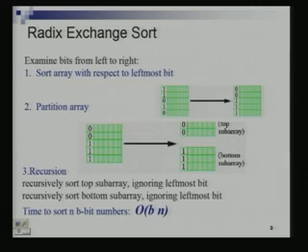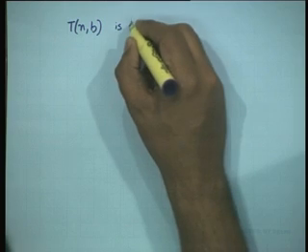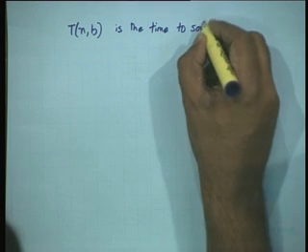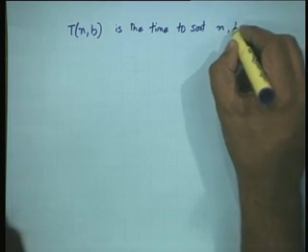So, T of n comma b, why comma b? Because the number of bits matters. This is the time to sort n b bit numbers.